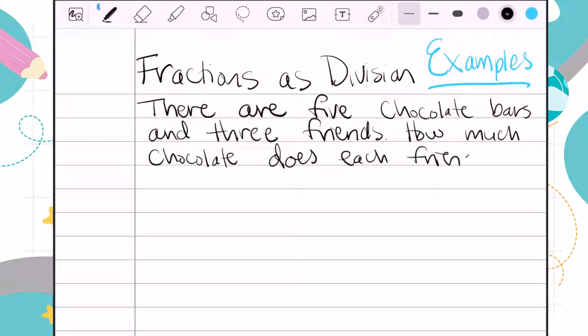How much chocolate does each friend get if they split the chocolate equally?